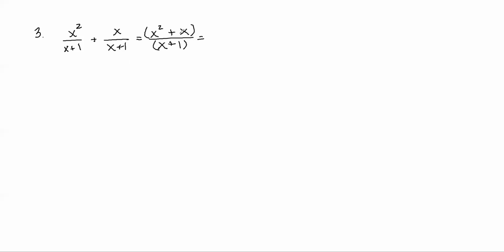We can factor out an x. So we're left with an x plus x divided by x is 1. Still have that x plus 1 on the bottom, and I'll put parentheses because it's still stuck together. Now, if you notice, these guys cancel out. So we're just left with x over nothing, so it's just an x.